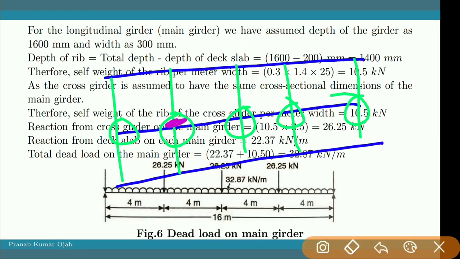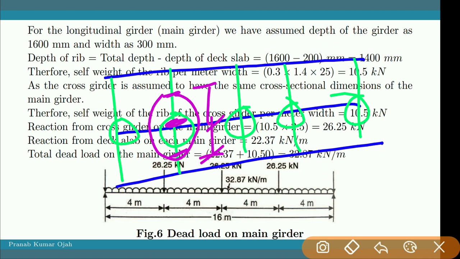At this joint, half of the cross girder from one side and half from the other side will act as a point load. So for each cross girder, the length is 2.5 meter. So this will be half of 2.5 and this will be half of 2.5.